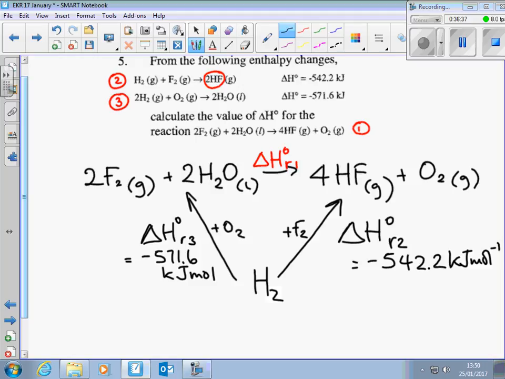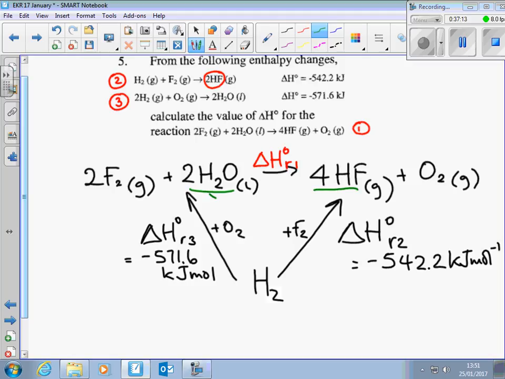So how are we going to work out delta H naught R1 for this? Where are we going to start? It's not immediately obvious, is it? Because both of the arrows are coming towards our equation. But let's say we start, hang on, we want to get from here to here.